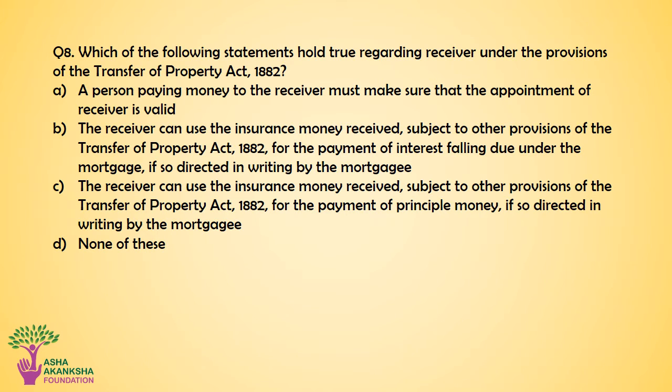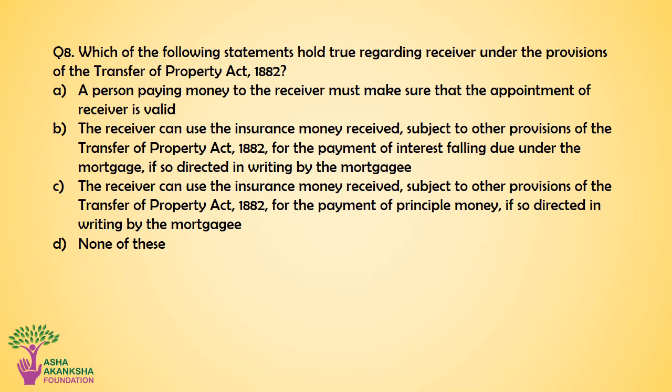Question number 8. Which of the following statements hold true regarding receiver under the provisions of Transfer of Property Act 1882? Option A. A person paying money to the receiver must make sure that the appointment of receiver is valid.